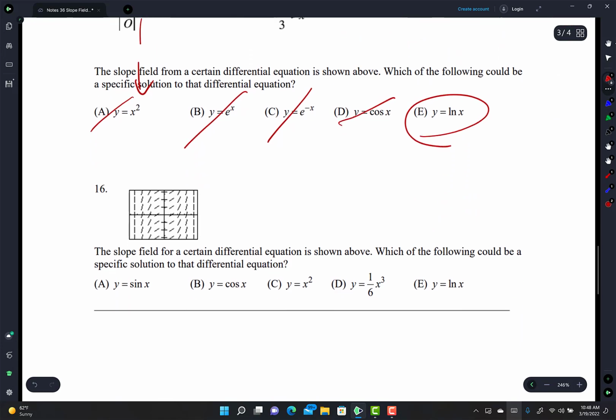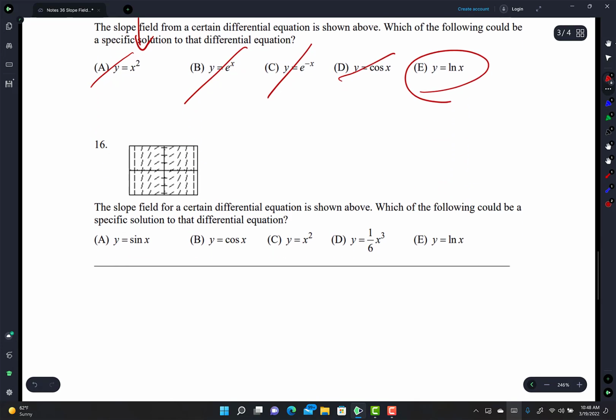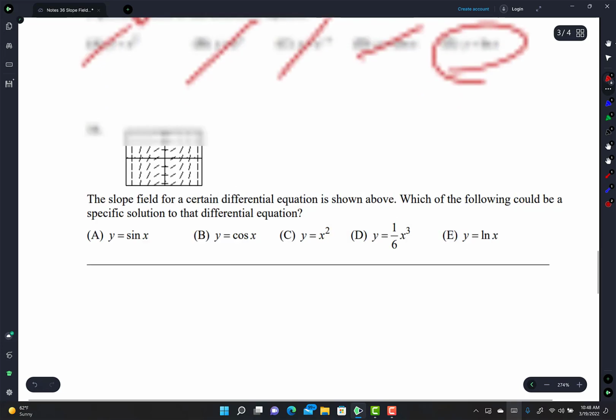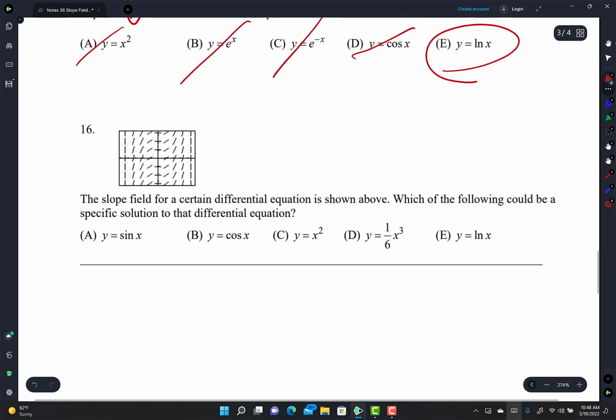All right, look at number 16. I think I might have given the answer away, but it's okay. I think by now you guys are semi-pros. Take 1 minute and see if you guys can figure out that one. Really, I think almost all the answer choices are silly except for one.